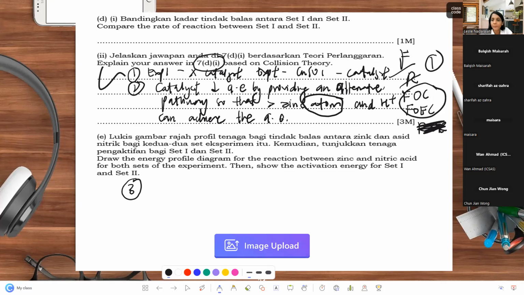So FOC is what? What's my sentence for FOC? What is FOC? Frequency of collision, correct, yeah? Okay, so what is my sentence for frequency of collision?